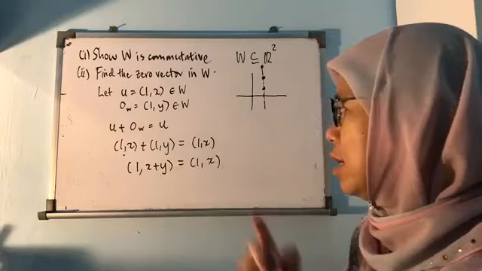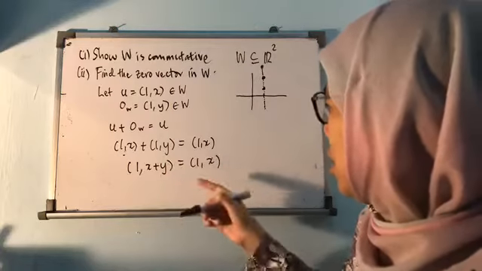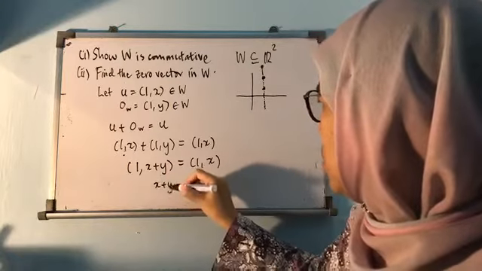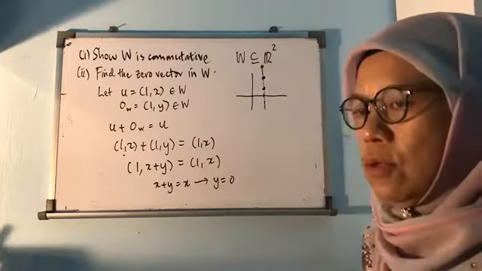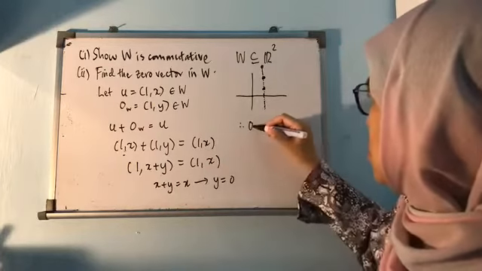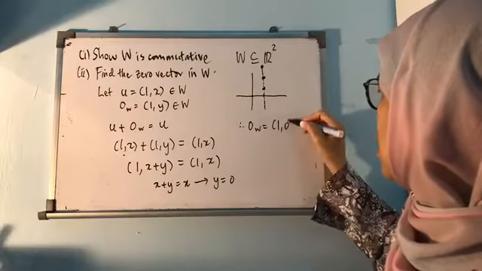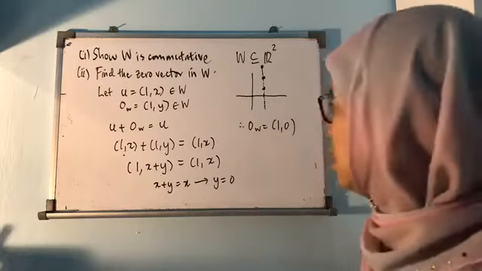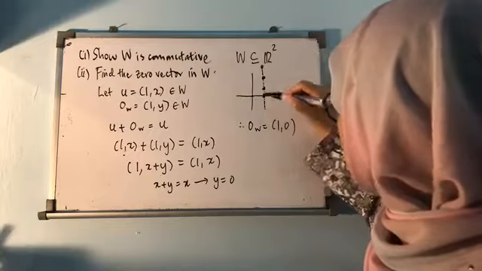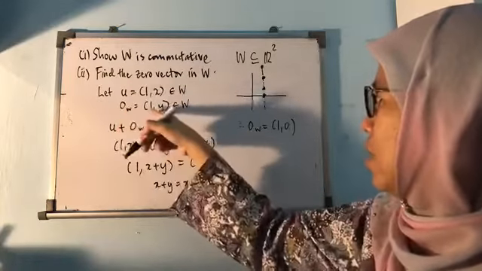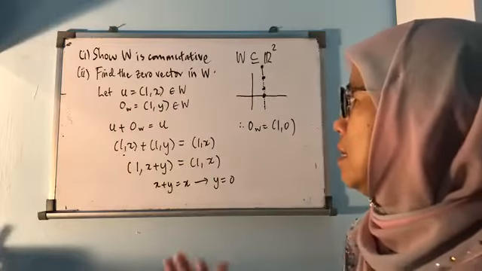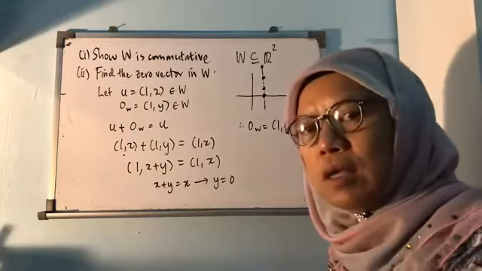So what is y? So you equate, you get x plus y equal x, meaning y is 0. So the zero vector is actually 1, 0, right? So this is actually the zero vector, because you can check back, you add 0 vector 1, 0 to anything 1x, you will get 1x back.